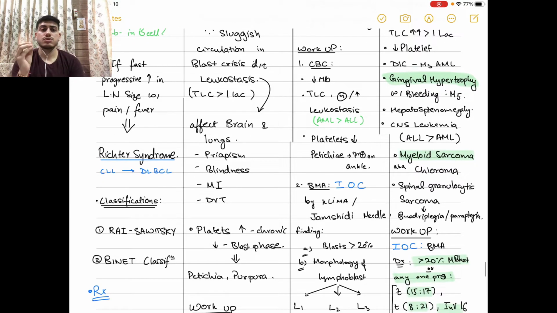And because of this leukostasis, with sluggish circulation, the organs mostly affected are the brain and lungs.